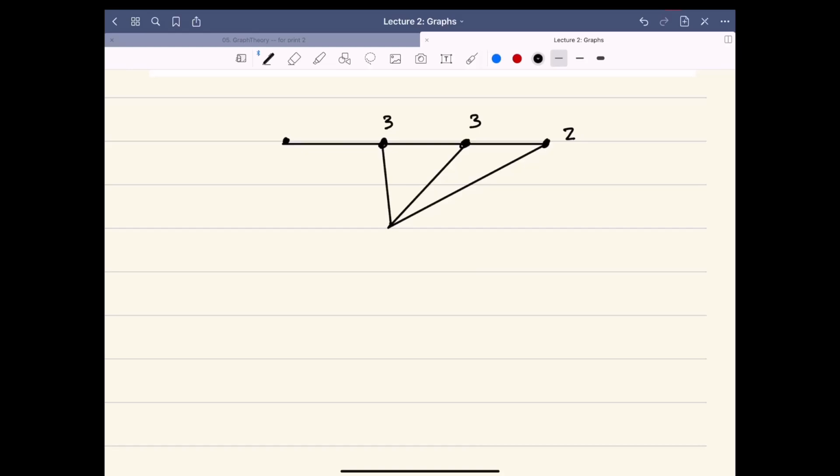And now if I want to make the other ones 3 and 5, I'll put a loop here, so this will be 5, and here I will put also a loop, so this will be 3. So now we have the number of vertices: two are 3, one is 2 and one is 5, and we found the set of the degrees of the graph.